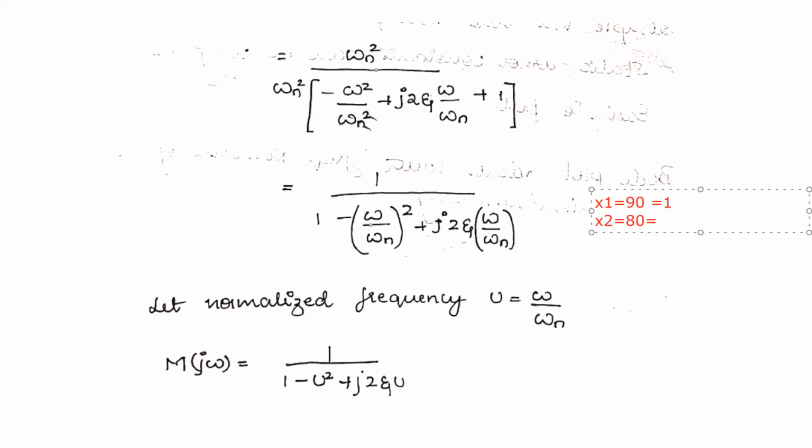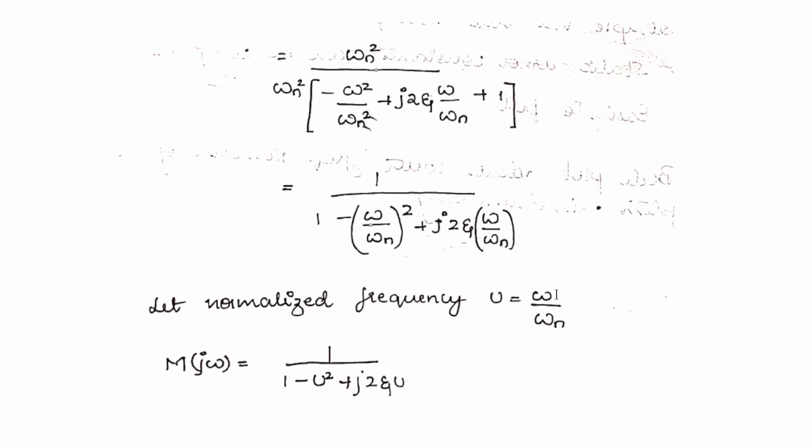With respect to 1, I can write it as 0.9. Similarly, if there is an x3 which is equal to 75, with respect to the first one, I can write it as 0.85, like this. So with respect to the first one, I'm standardizing the other values. That is normalizing. I'm trying to relate it to a particular value. So normalized frequency is with respect to omega n, the frequency.